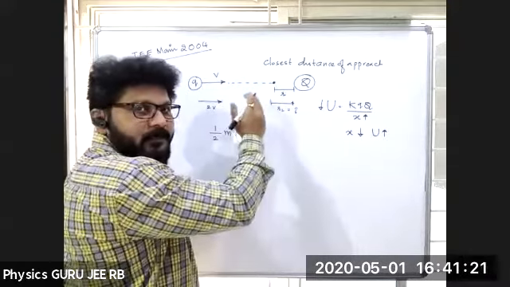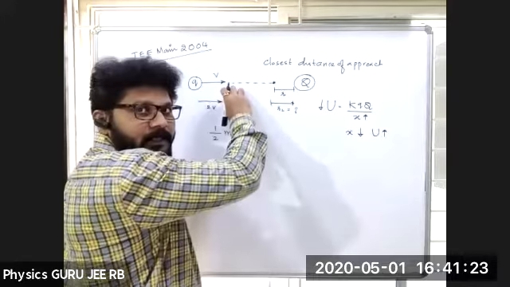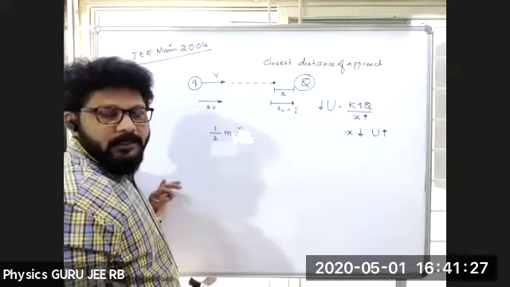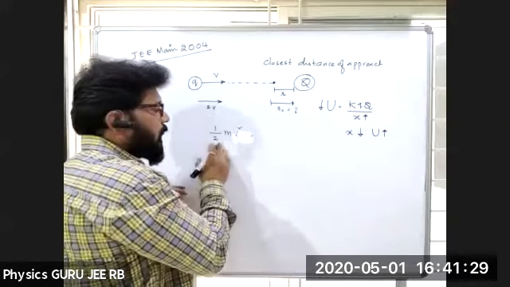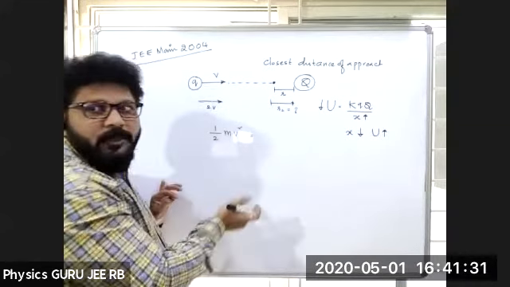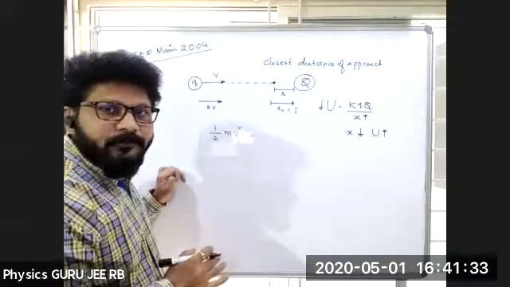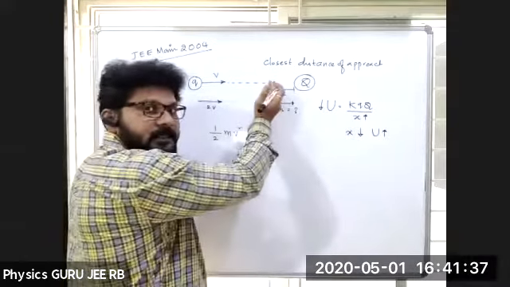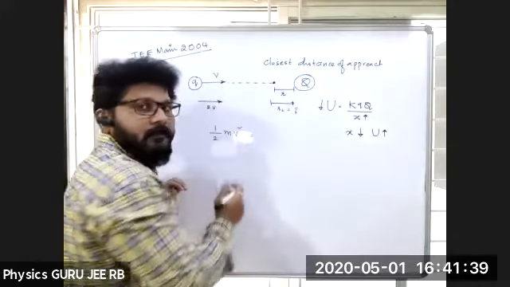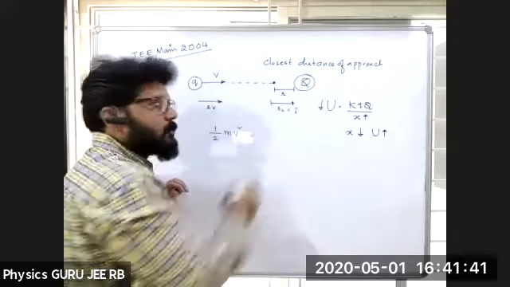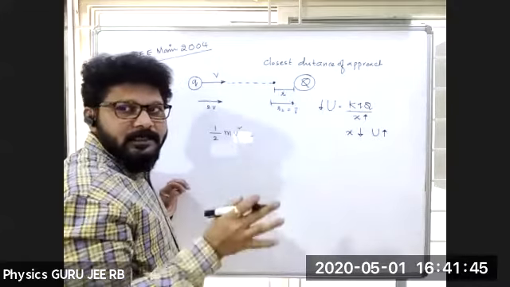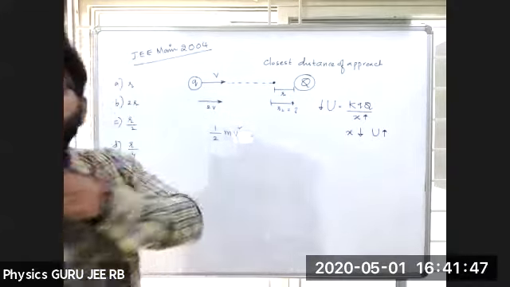It will stop, which means the total kinetic energy is converted into potential energy at this particular point. So half mv square plus the initial potential energy, which we take as 0, and finally it comes to rest at this point, then returns back.